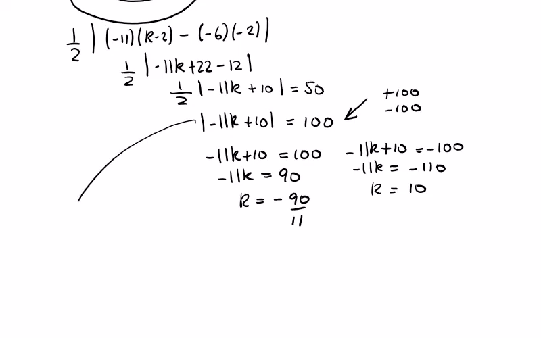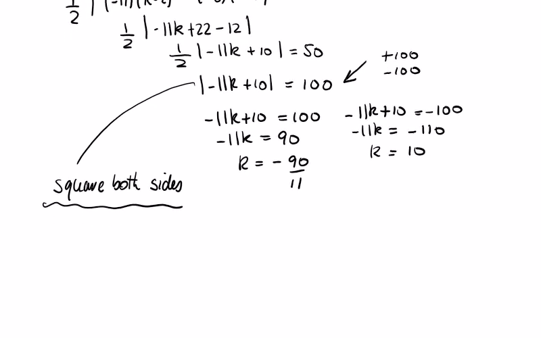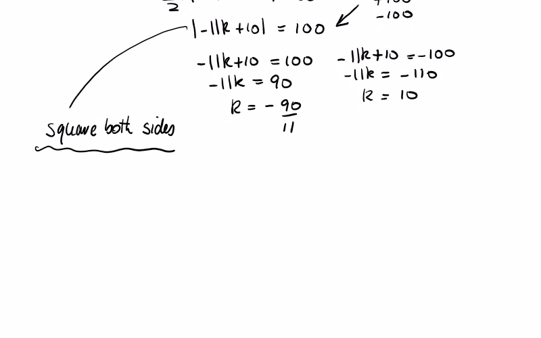Now, if we choose to square both sides, and this is as difficult as these questions get, once there's an unknown variable, they can't really make it much more difficult than this. So if we square both sides, we're going to get minus 11k plus 10 squared is equal to 100 squared.